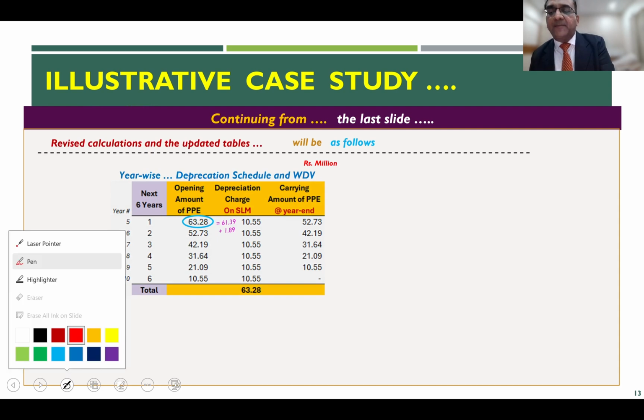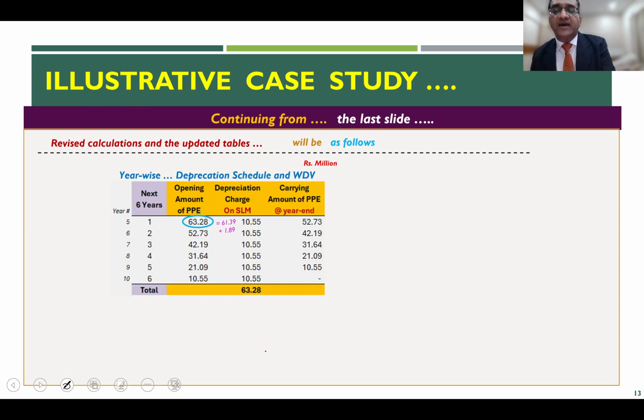Now, your opening balance of the PP&E will be this amount, 61.39, plus the adjustment of 1.89. So after you recorded the journal entry in the previous slide, your new PP&E is 63.28, sum total of these two numbers. And therefore now you will have to depreciate this 63.28 over the balance 6 years.